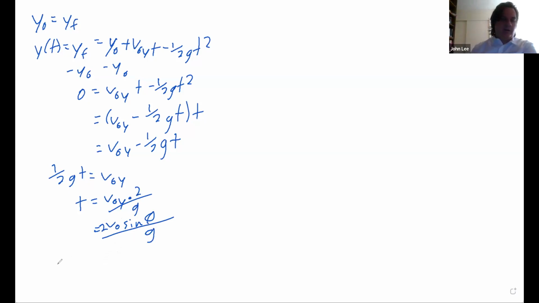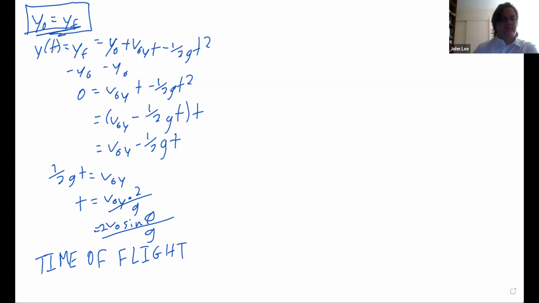So this is called the time of flight. It's how long the ball is in the air when you're talking about a special case where the final height is the same as the initial height.